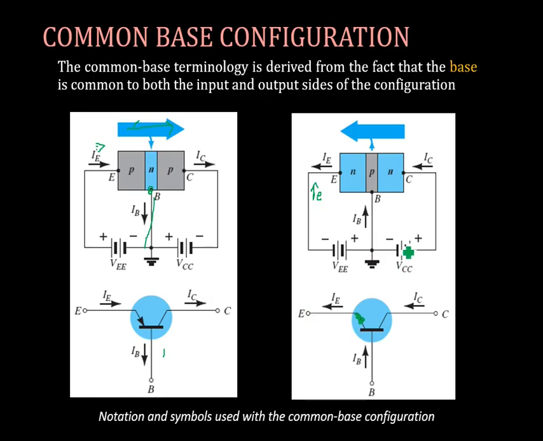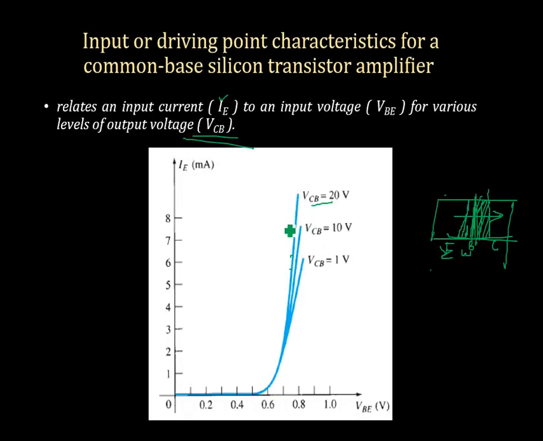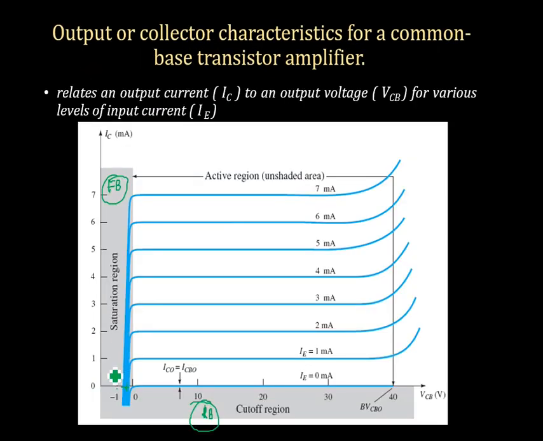See, this VCB was positive here. So if its polarity is reversed, you can see that it is going to forward bias the collector base junction. And when both are forward biased, you can see the change in collector current, it is decreasing.